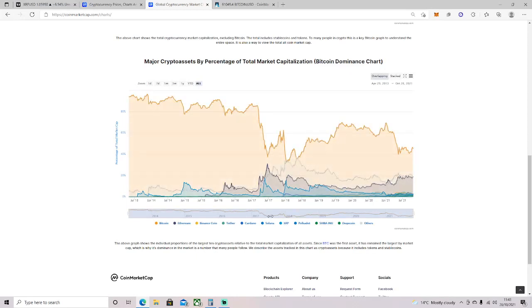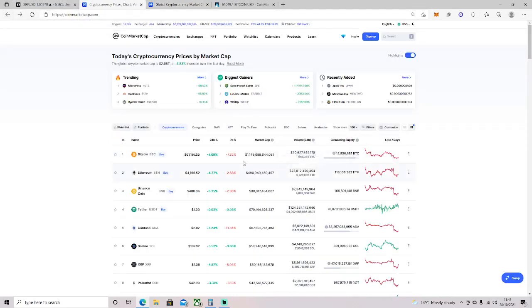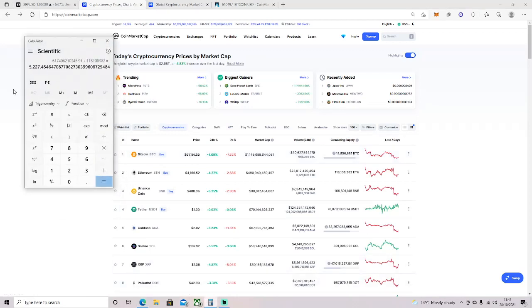And let's say Bitcoin gains another 20%, like we talked about. So it's at $1.4 trillion. That would make the price of Bitcoin, let's work this out. I'll get the calculator open. I've been doing some maths over here anyway. So 1.4 trillion divided by 18,000.